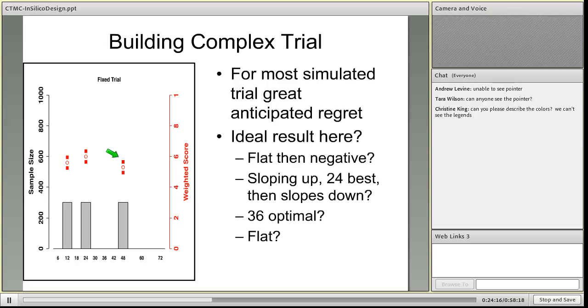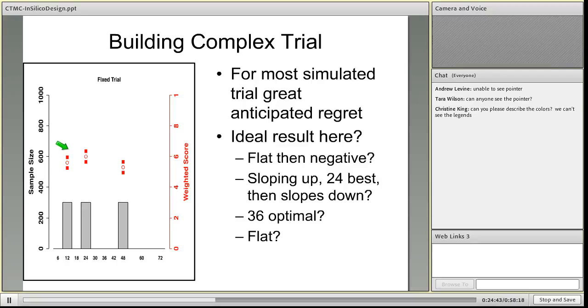Would this change medical practice? In some ways, this is almost the ideal outcome, that you see benefit of cooling, and it's thought the longer you cool, if you go out far enough, it's bad. If you cool somebody for too long, it has negative consequences. So in some ways, this is almost the idealized outcome, but you can imagine that this looks like a straight line that then gets worse.